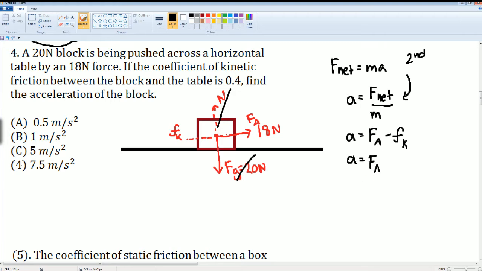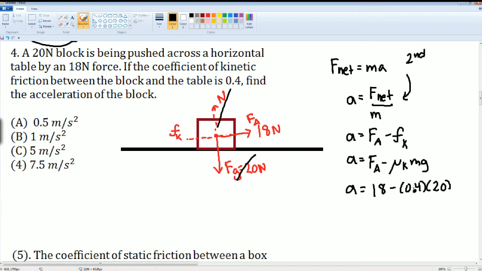So force applied minus force of friction kinetic, so you need your mu kinetic times your force normal, but you know what your force normal is. Your force normal is mg. Mg here is just 20. Force applied is 18, and mu is 0.4, and mg together was 20 newtons.